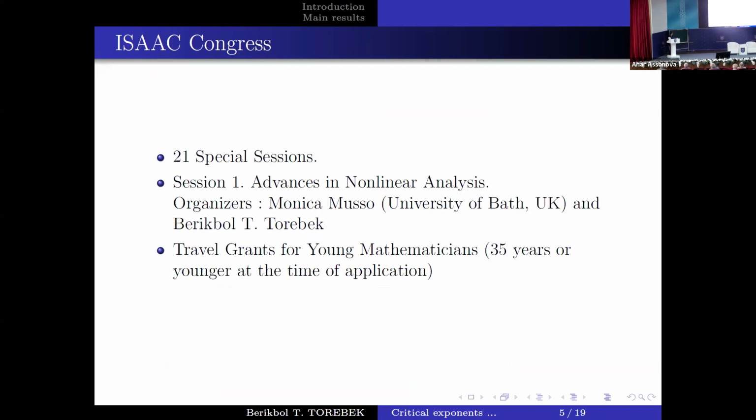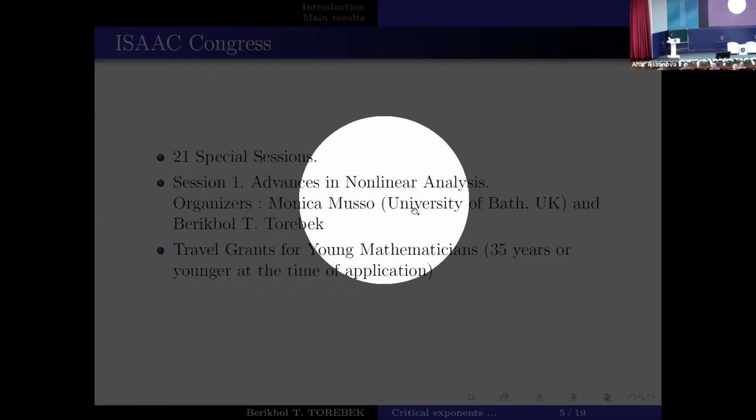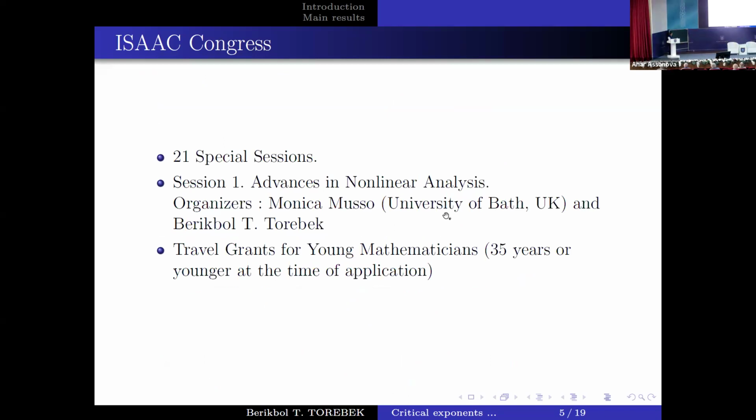We also have 21 special sessions, and the first one is organized by me and Monica Musso from the University of Bath. There are also travel grants for young mathematicians, 35 years and younger. I invite everyone to participate in this event and again, come to Kazakhstan, visit the northern part of Kazakhstan.